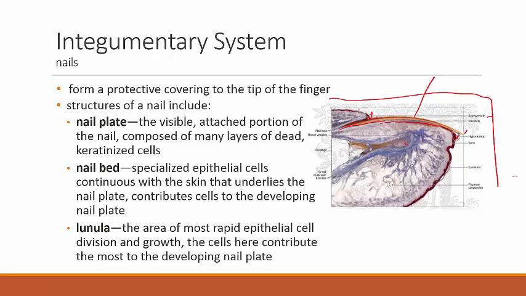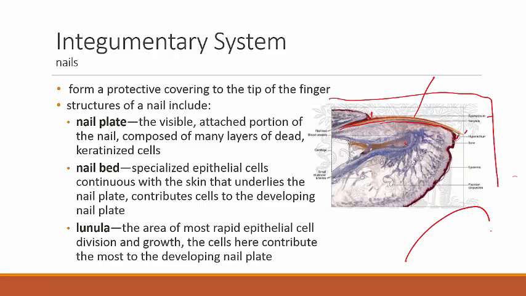As the cells become more and more stuffed with keratin, they die, but they adhere very tightly to the other cells that have already been contributed to the nail plate itself.